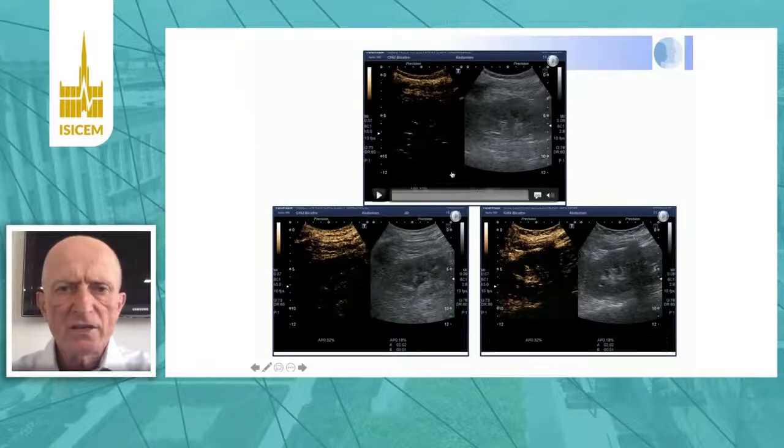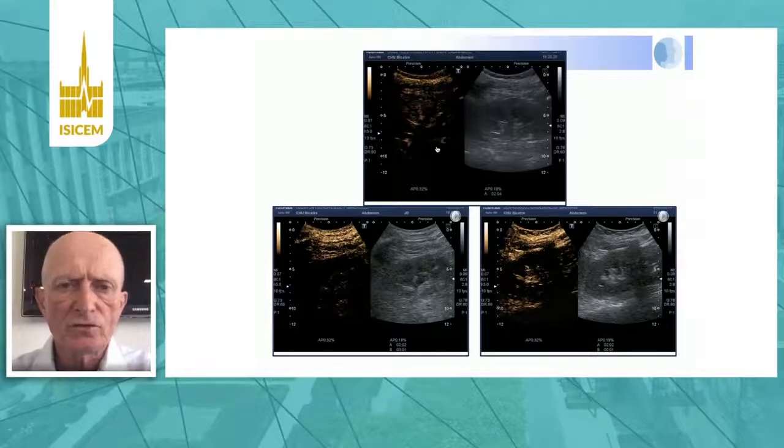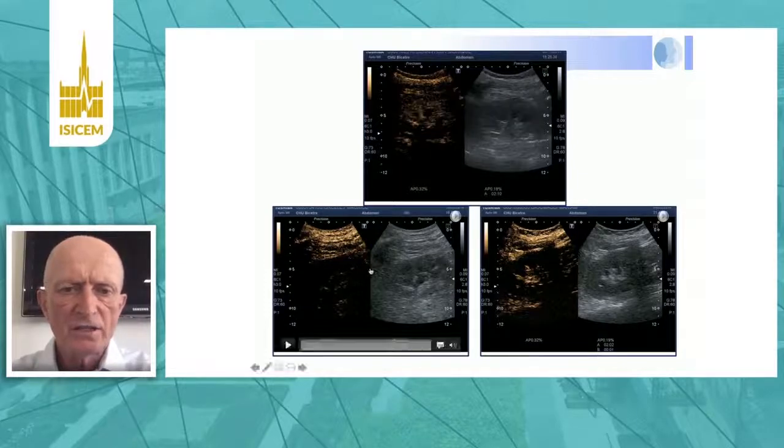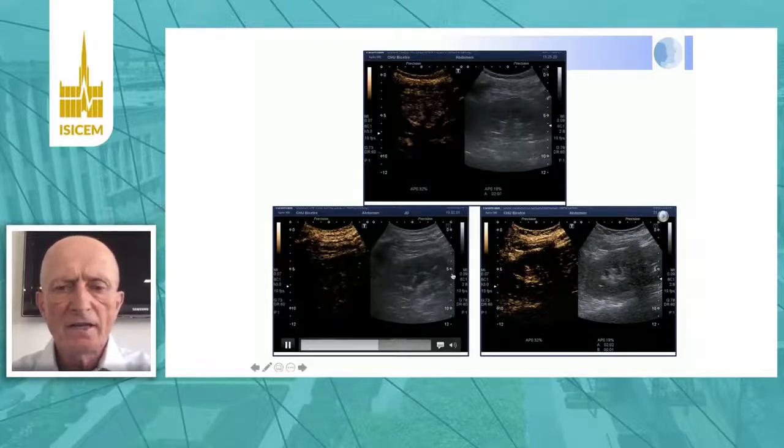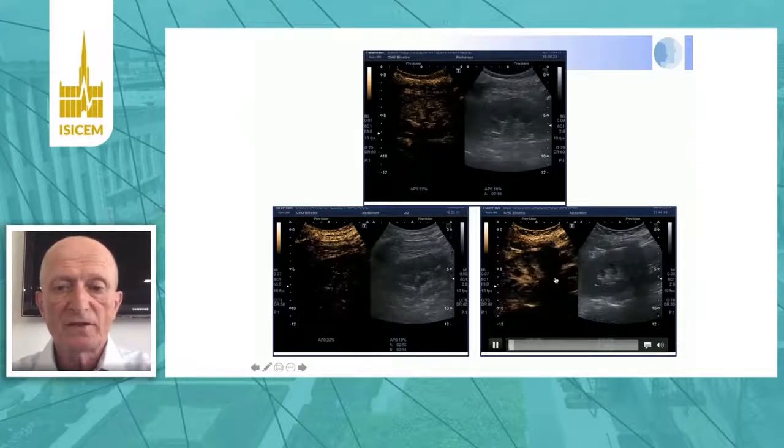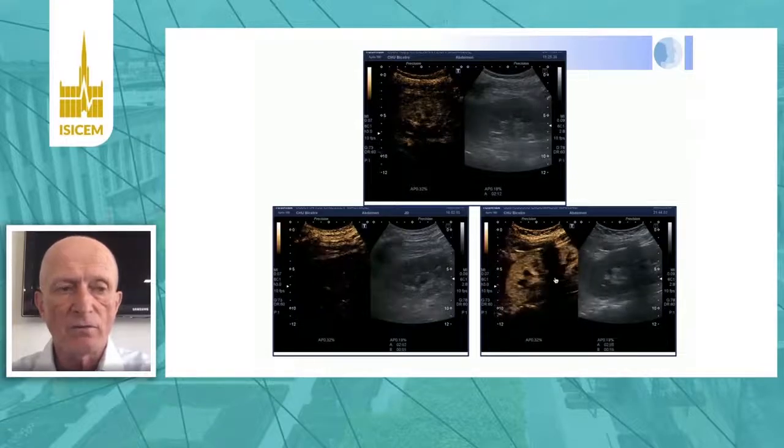In some patients, the microcirculation was, compared to control, normal. But in some patients, we observe a clear alteration of microcirculation. And in some patients, we observe a very high flow.